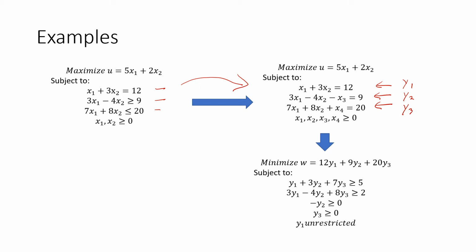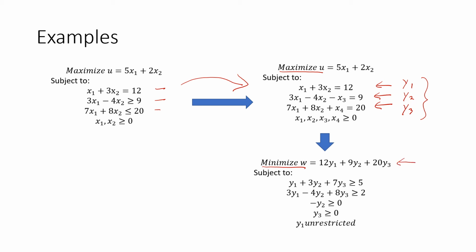So what do we do now? Well, now we follow the same pattern that we had before. We had maximize u, we change it to minimize w. Our objective function, we use our coefficients, our constants from the constraint equations. So if you look at each of the equations, we have 12y1 plus 9y2 plus 20y3.